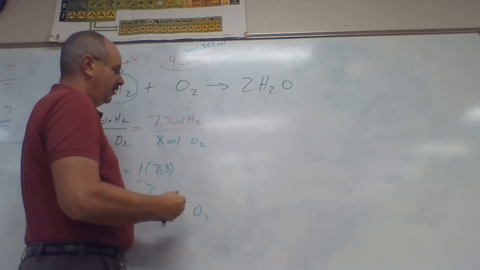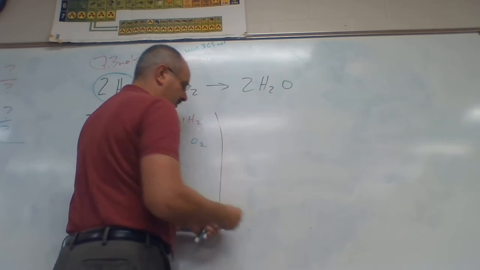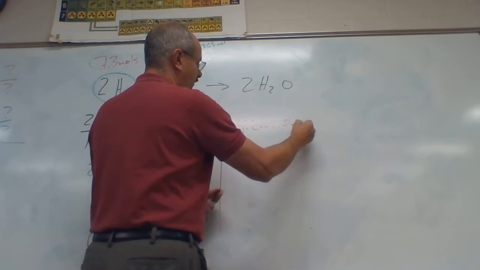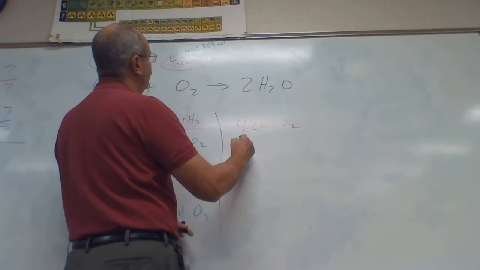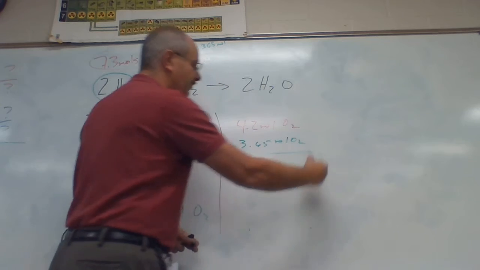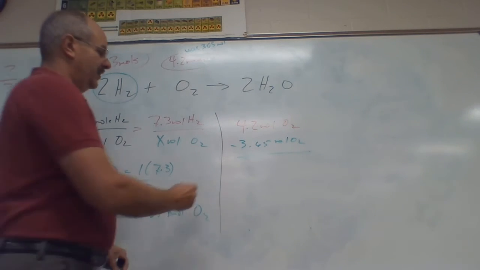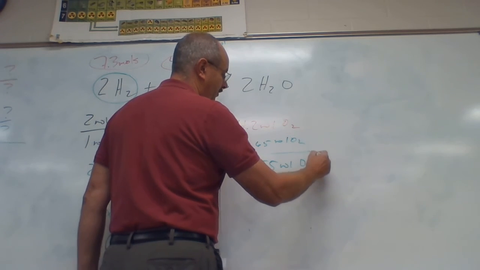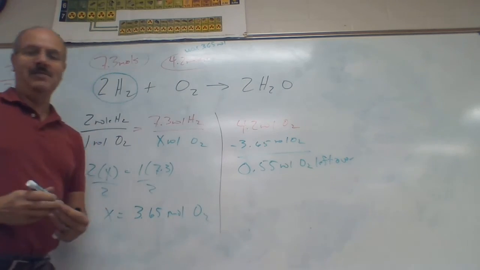So I'm going to take my 4.2, which is red, moles of O2, and I'm going to subtract that green one that we calculated the first time of 3.65 moles of O2. That's what I'm going to use. I'm going to subtract those two. And if I subtract them, I'm going to get extra 0.55 moles of O2 left over. That's how much is left when I get all done.